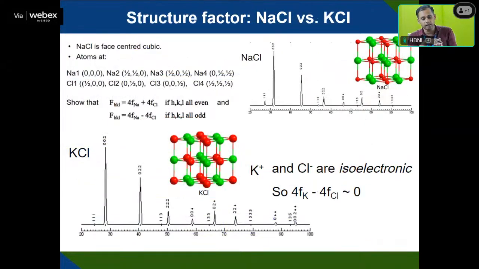As I discussed earlier for NaCl and KCl, in KCl, being isoelectronic, one plane goes missing, but in NaCl that peak is there.